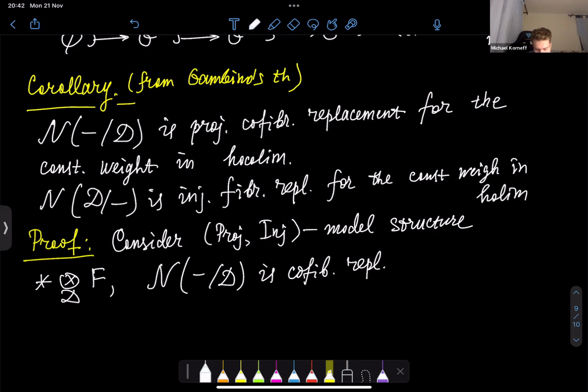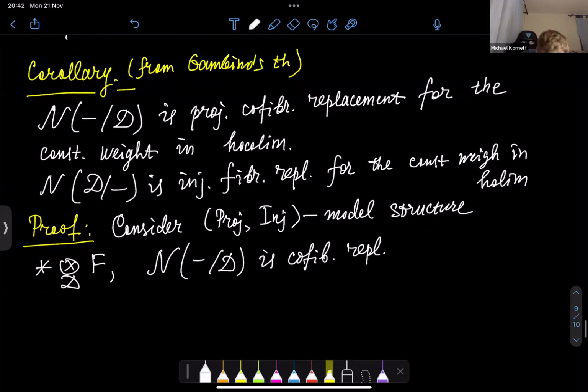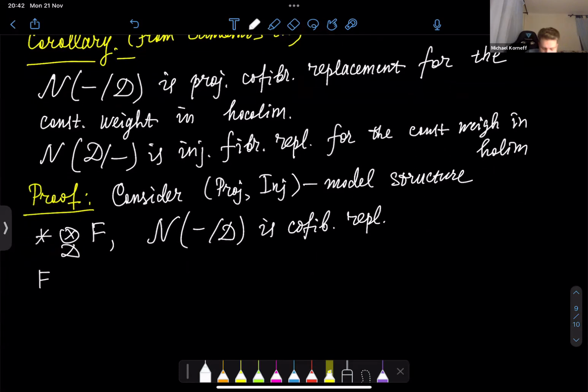And of course, this functor is weakly equivalent to the point, and F should be a pointwise weak equivalence, and thus we just apply Gambino's theorem, and we're done.